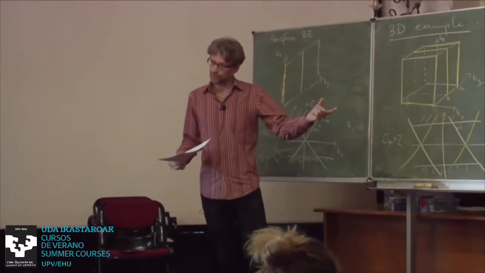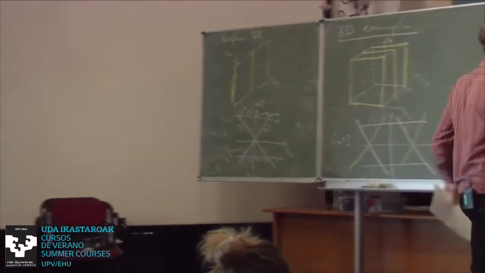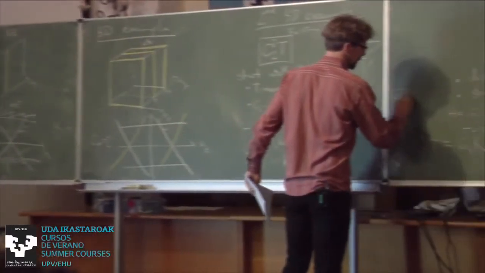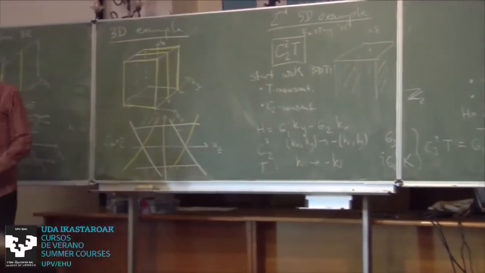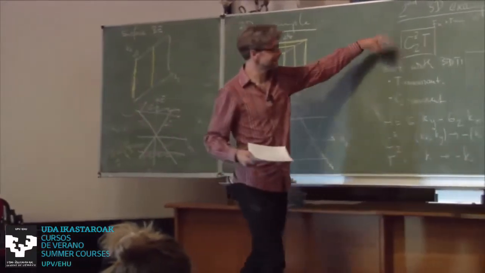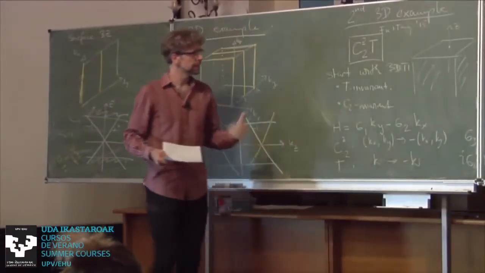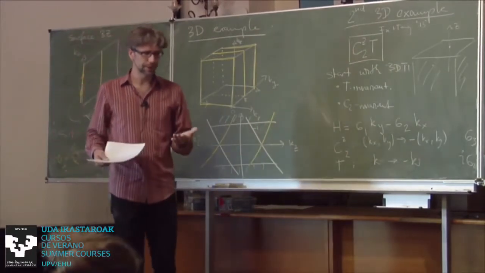If I have two, I can actually annihilate them. So this is a C2 property. It's a C2 phase. But, well, it's there. So C2 set times time reversal is a way to build topological crystalline insulators.